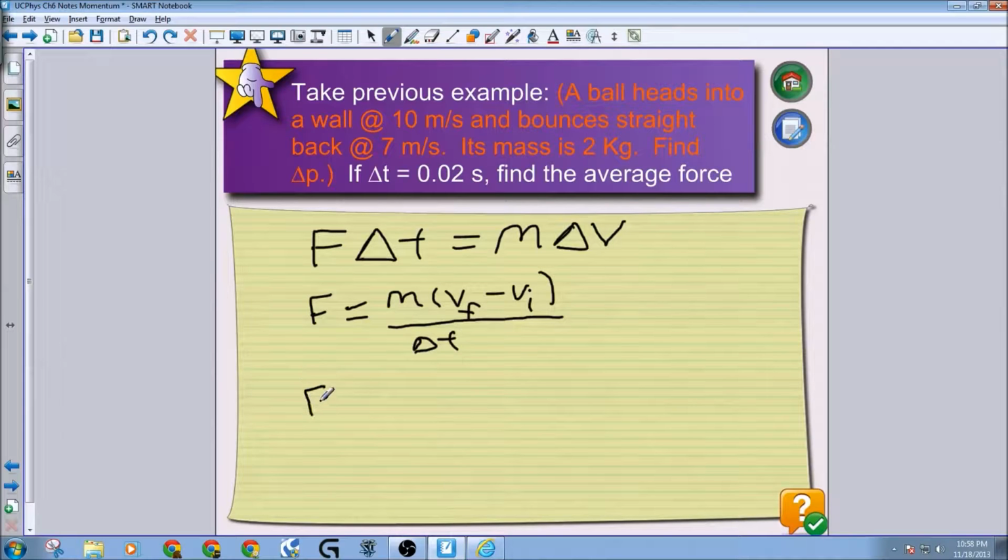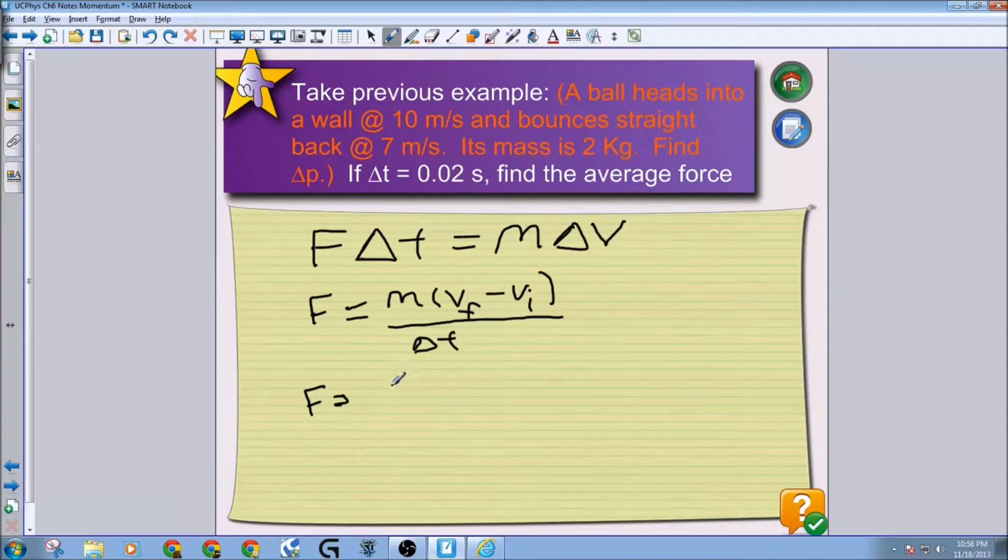So let's plug in our numbers. I'm not going to worry about labeling all the units in each step, because if I put all standard units in, I'm going to get standard units out for my force. And hopefully you know that the standard unit of force is newtons.